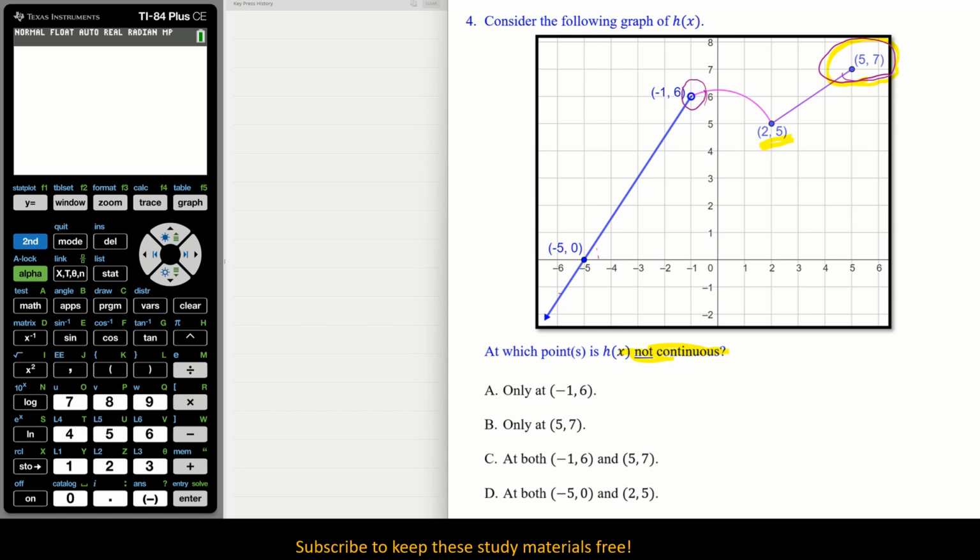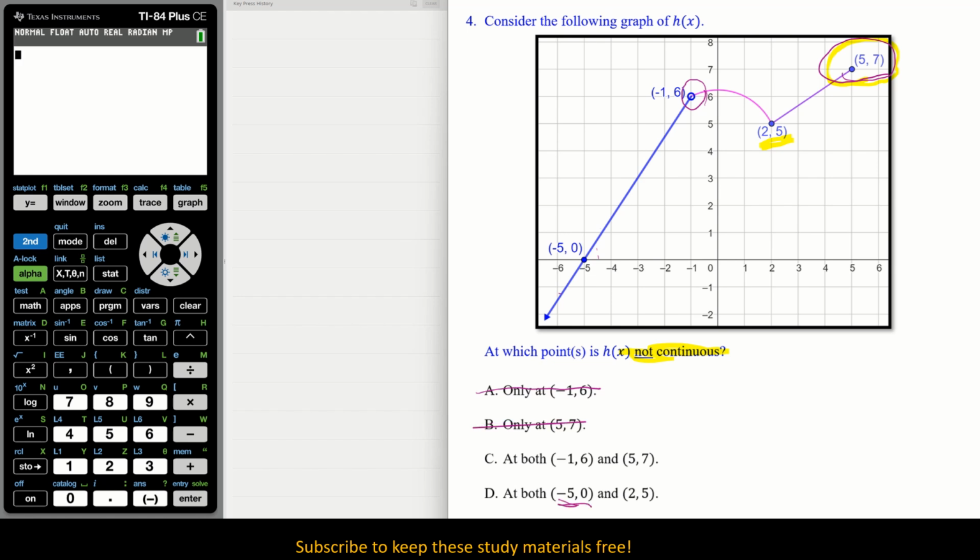There is no continuation of the curve. So that on its own logically tells us it is discontinued because it really has completely stopped. So obviously, only here, no. Only at the end, no.